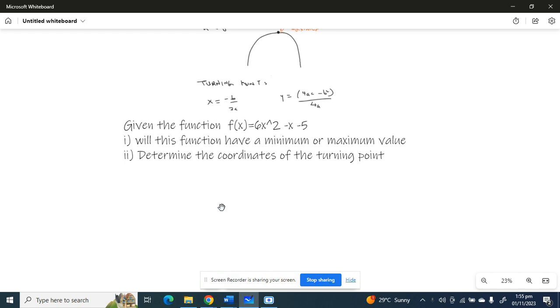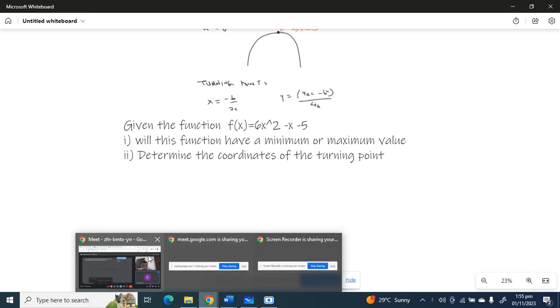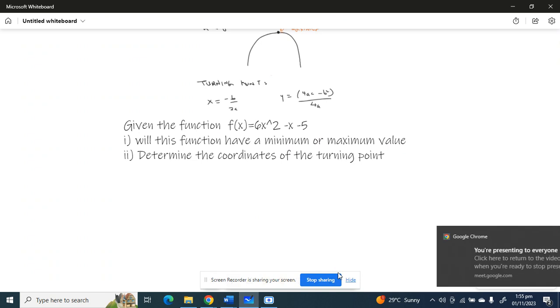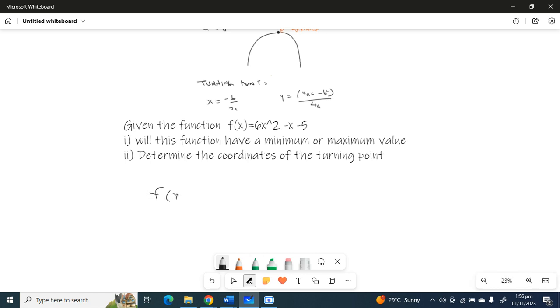So, first things first, let's determine if this will have a minimum or a maximum value. We're going to just see the sign of the coefficient of x squared, if it's positive or negative. So our function f of x was 6x squared minus x minus 5.